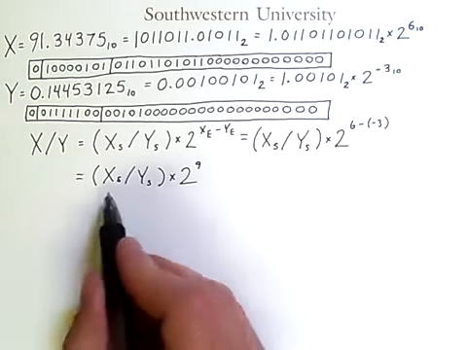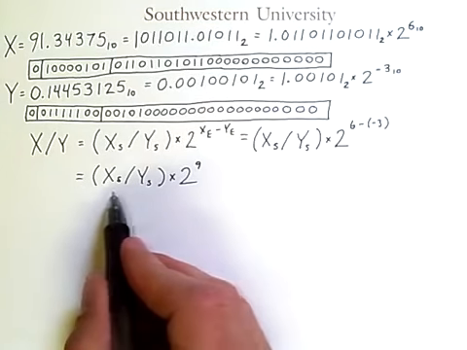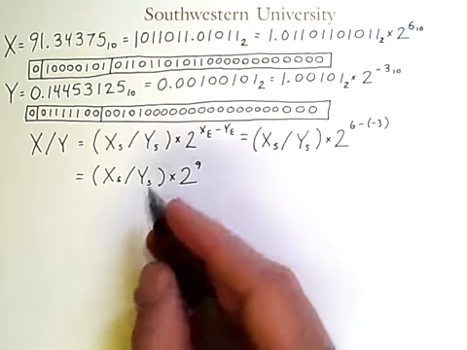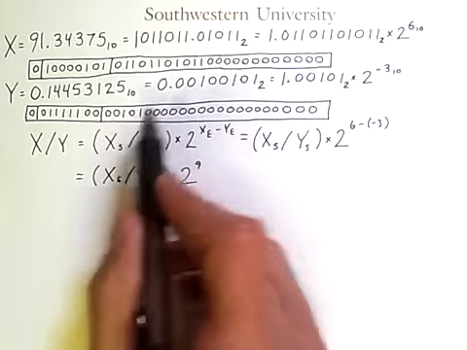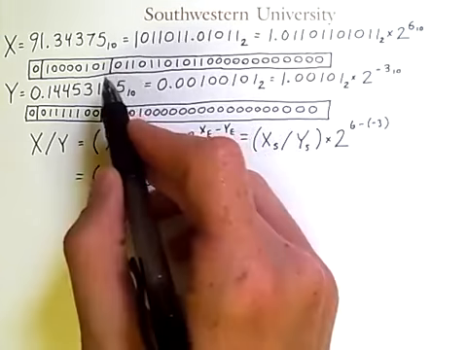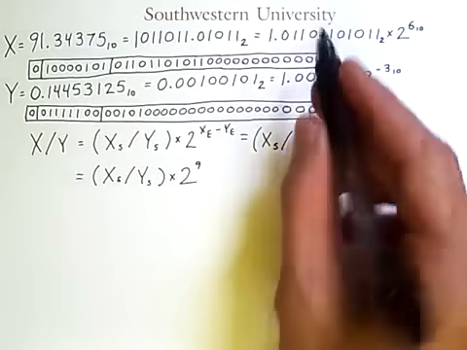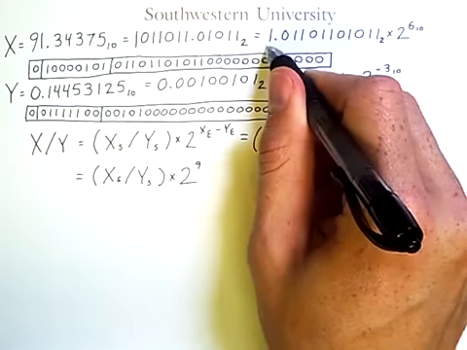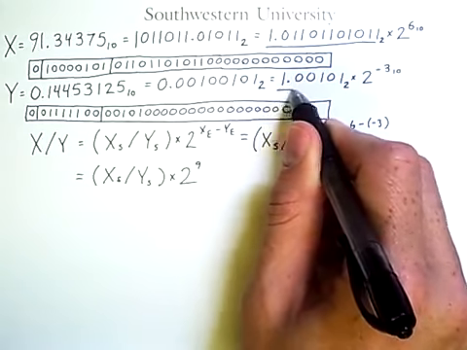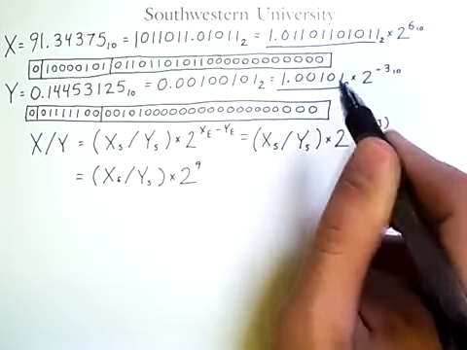Now in order to do this division here, we need to get the significands, and in this case it will be these bits in the floating point representation preceded by a 1 and a binary point. In other words, this value divided by this value.